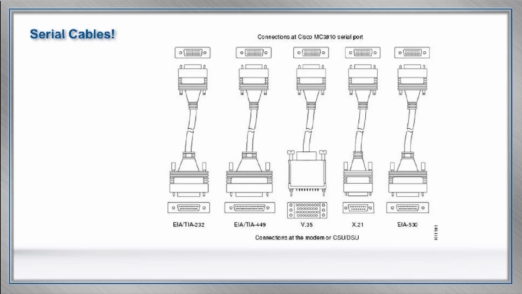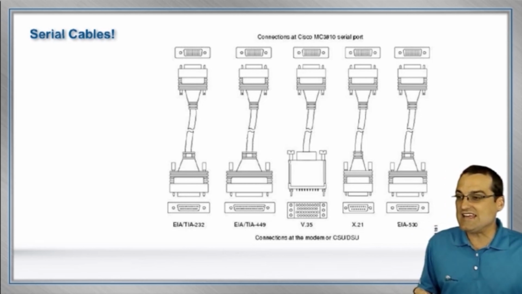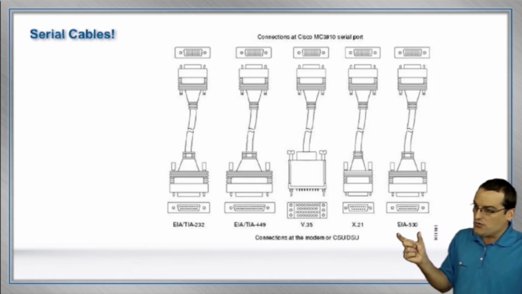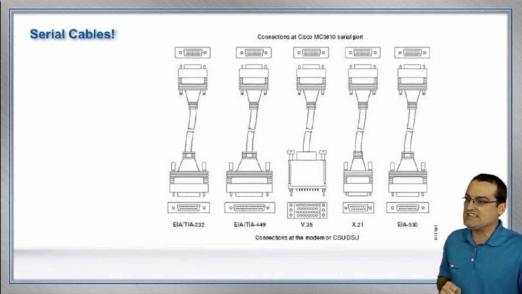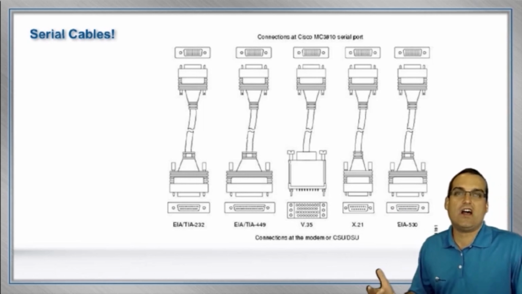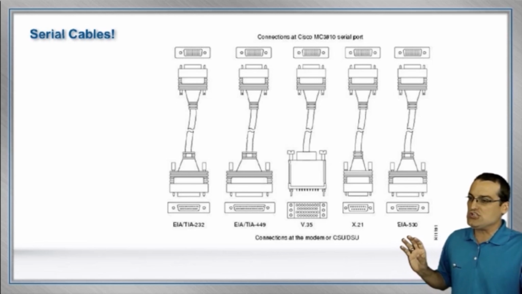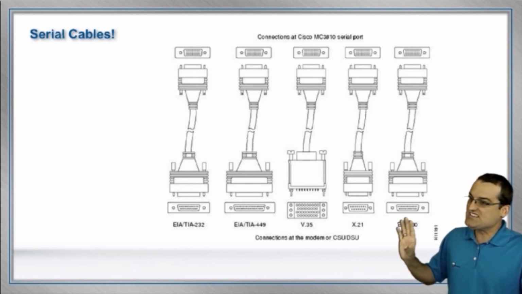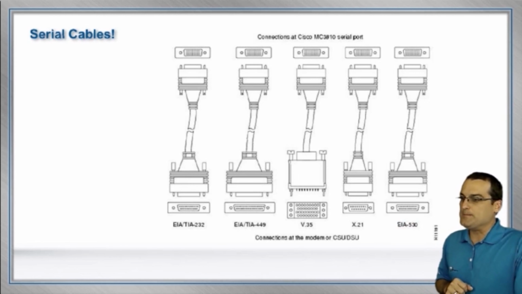Understand, folks, that a lot of times you'll need to do your homework and investigate exactly what type of cable you need, and exactly what interface you need on your device to take that type of cable. These shown here are just some of the serial cables that you might be called upon to use in a wide area networking environment with Cisco networking equipment.